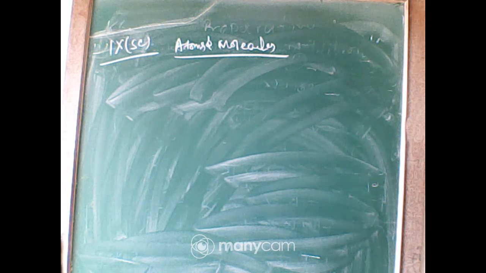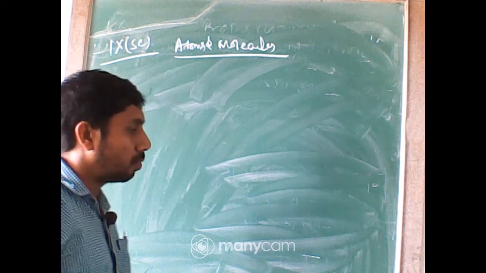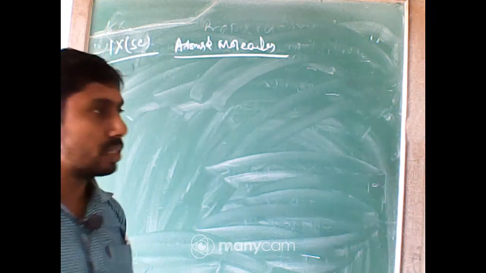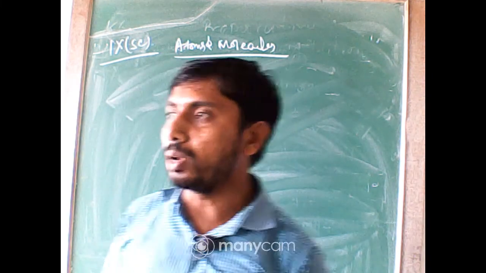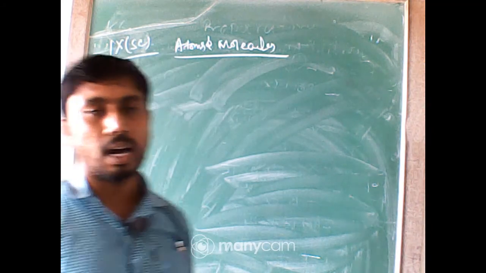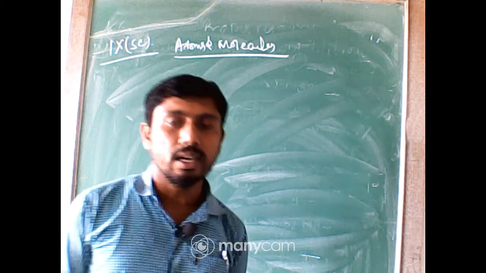Okay, so last day I told you about the preliminary idea of molecules, and what homonuclear and heteronuclear molecules are. What is the difference between homonuclear and heteronuclear? For example, nitrogen and ammonia. In nitrogen the atoms are the same, so it is homonuclear; ammonia is heteronuclear.